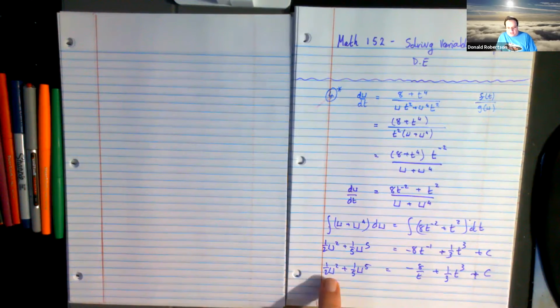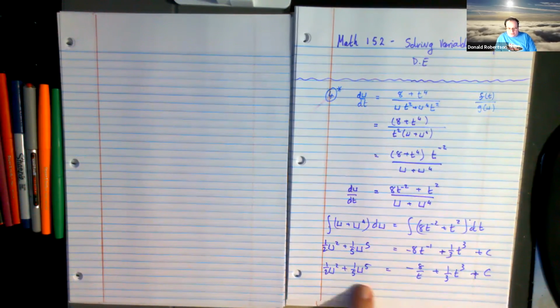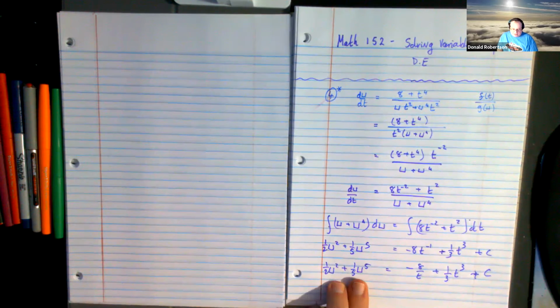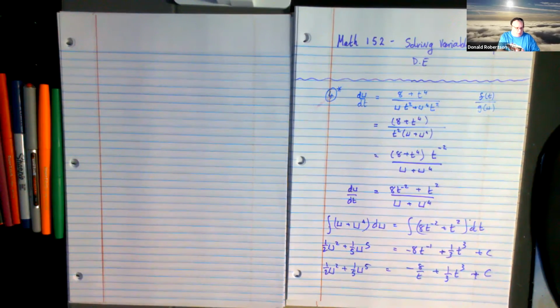Would you agree that this guy, you cannot do it as a u equals? And the main reason I can tell that is, do you see how there's two distinct terms with u in them? If you see one variable, just one u or one y or one whatever the letter is, you've got a chance to convert it into the y equals format.